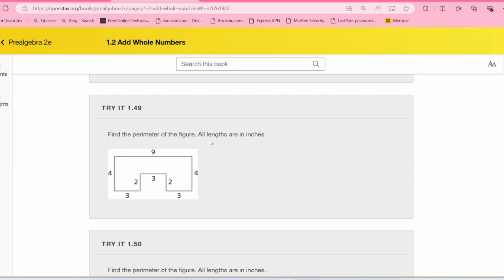And they're telling us all lengths are in inches. So I have 9 inches, a 4-inch side, a 3-inch, 2-inch, 3-inch, 2-inch, 3-inch, and 4-inch. All right, so we're going to add all of those up. All right, so this is try it 1.49.